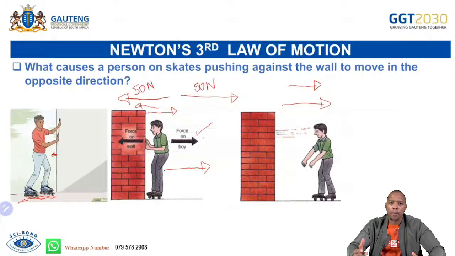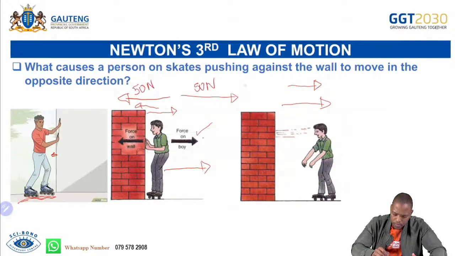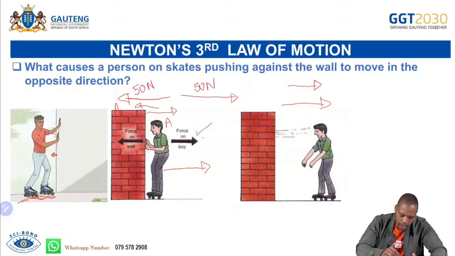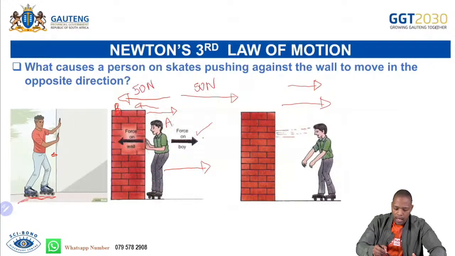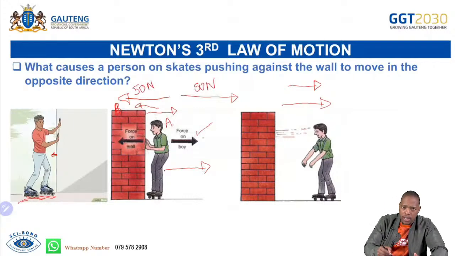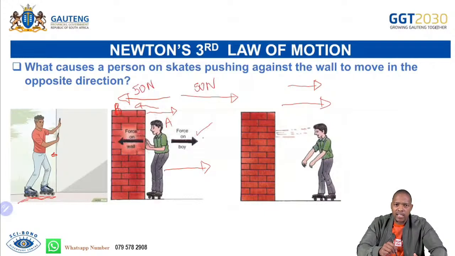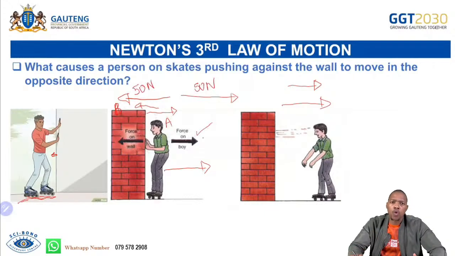So every time when you have an object A, and you have the person as object A and the wall as object B, every time you have object A exerting a force on object B, object B will simultaneously, at the same time, exert a force of equal magnitude in the opposite direction on object A. So these two forces are the same, they are in opposite direction.